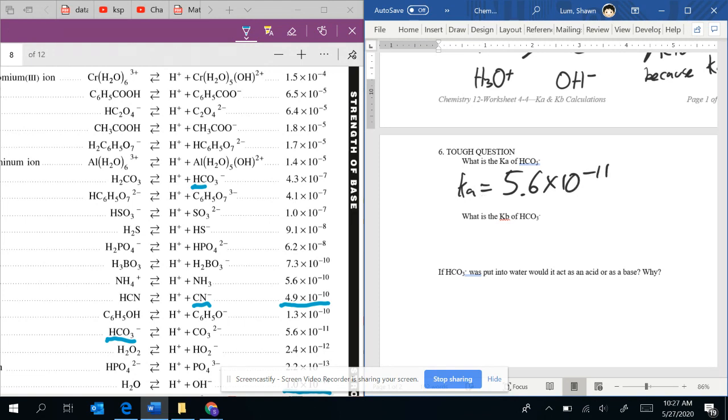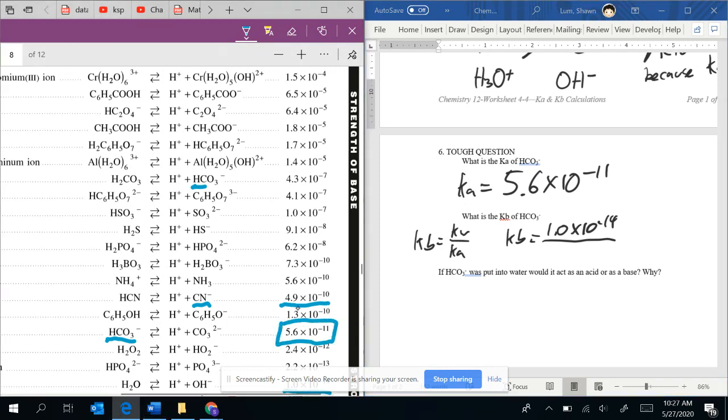Okay, now I need to find the Kb. And we know that Kb equals Kw over Ka. Or in other words, Kb equals 1.0 times 10 to the negative 14th over the Ka. Remember, this is not the Ka for when we're trying to find the Kb of HCO3.